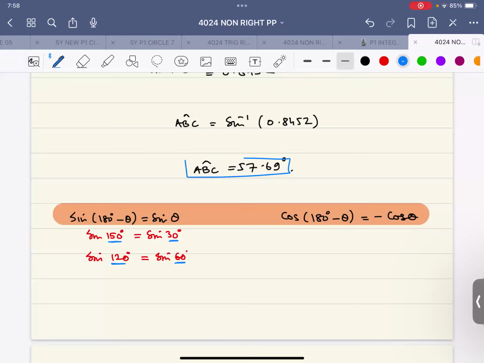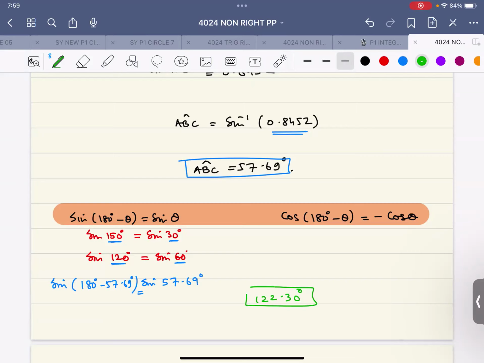That means this value over here, this is sine of 57.69. That is the same thing as sine of 180 minus 57.69. It will have the same value. So subtract from 180, and this angle comes out to be 122.30.